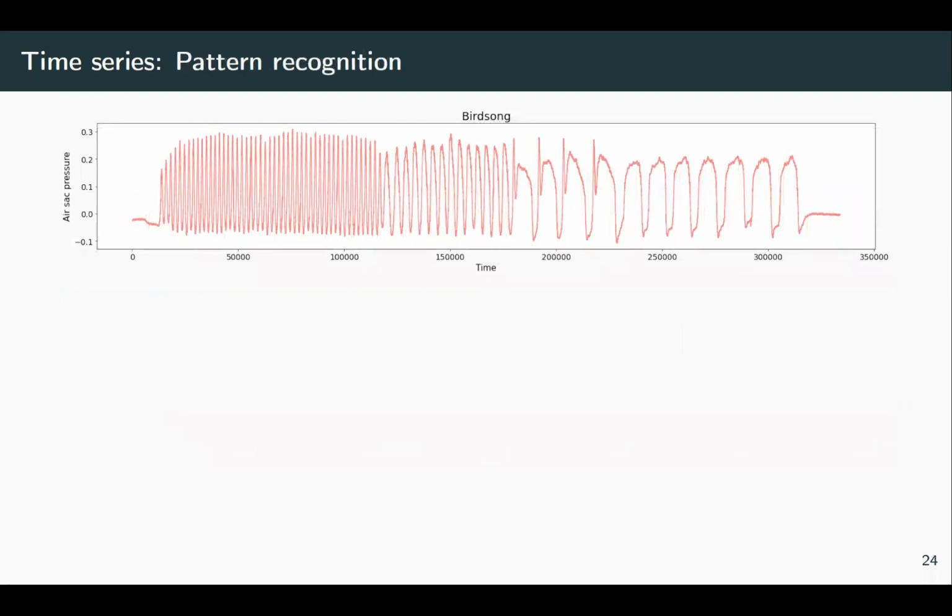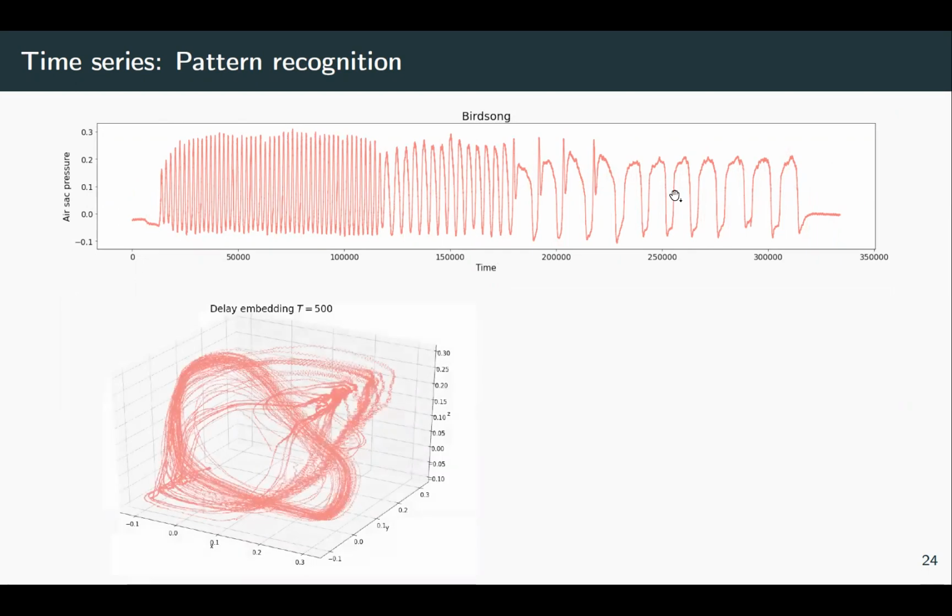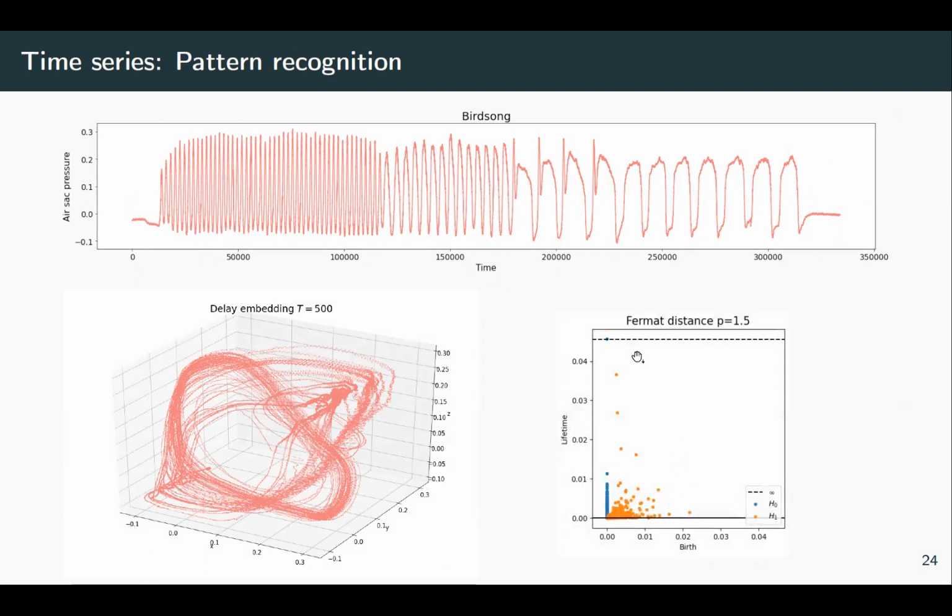Now, another example. This is the record of the air sac pressure of a canary during a song. We apply a similar procedure. We have this very nice embedding. And if you compute the diagram, you can see 4 generators of the first homology group. And this is the embedding of the entire signal.